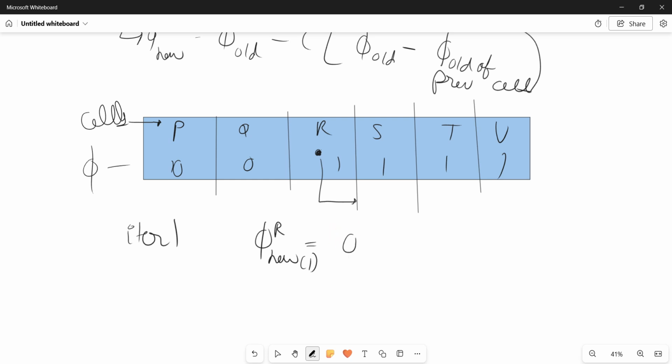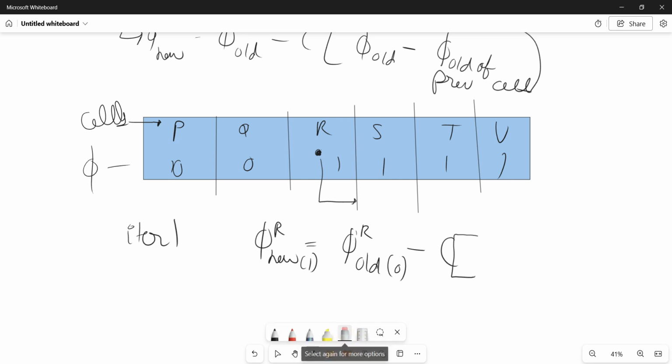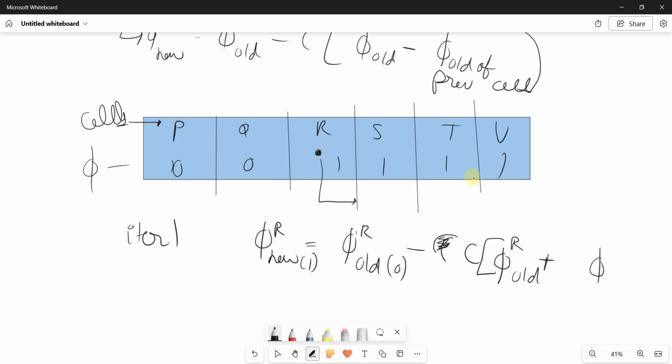So at iter 1, phi of r is equal to your phi of r at the current cell you are in, that is iter 0, minus c times, that is your CFL number, times brackets, your phi of r old, minus your phi of the previous cell, that is q old. Fine. So hopefully that makes sense now. That is how we got the values for each of the iterations.